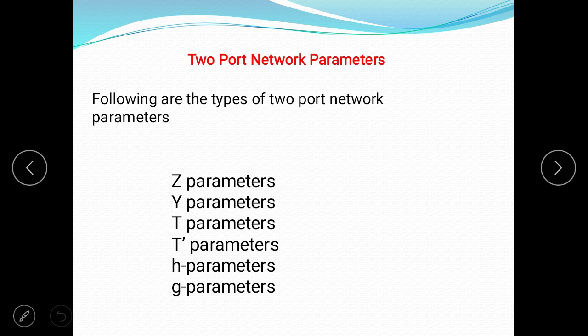So there are different types of two-port network parameters such as Z parameter, that is impedance parameter, Y parameter, known as admittance parameter, T parameter, known as transmission parameter, H parameter and G parameter. These are the different parameters in a two-port network.